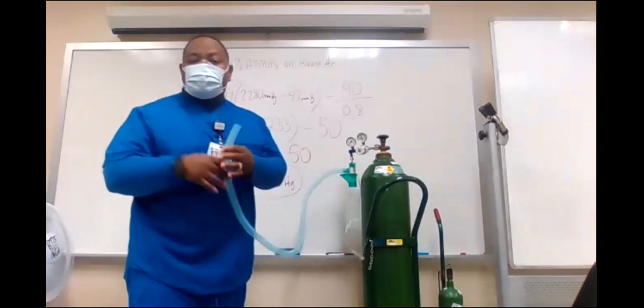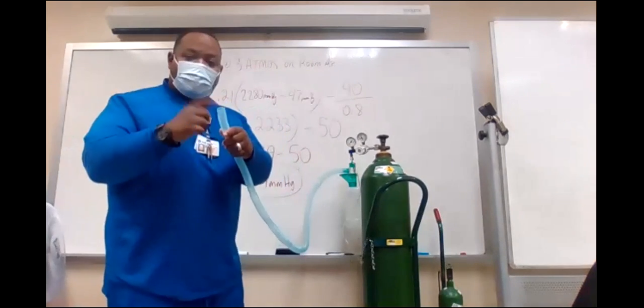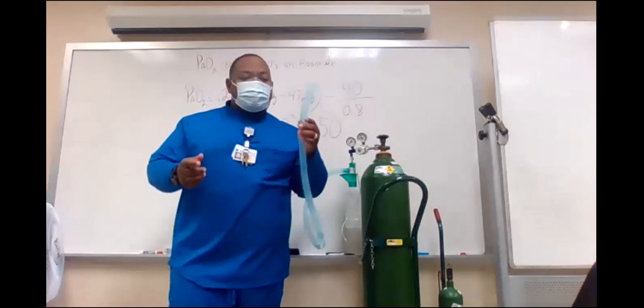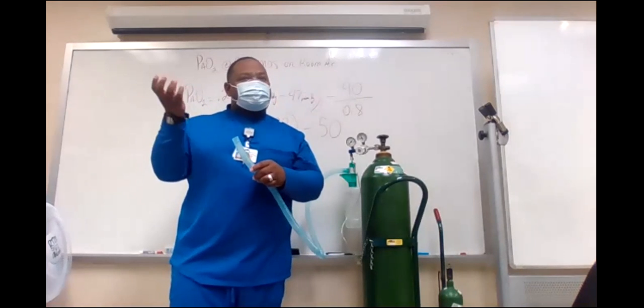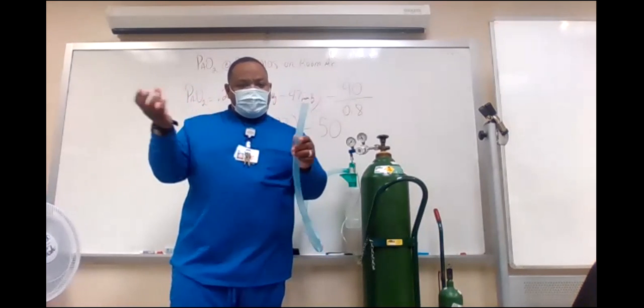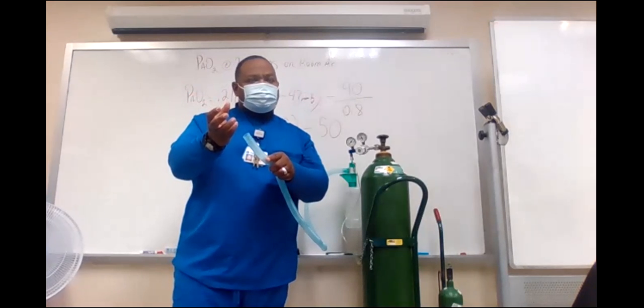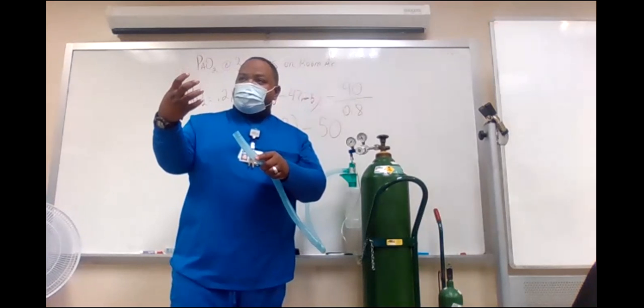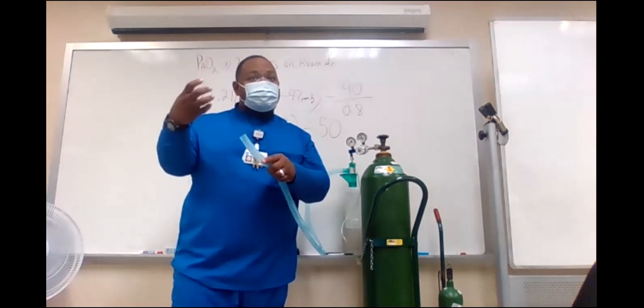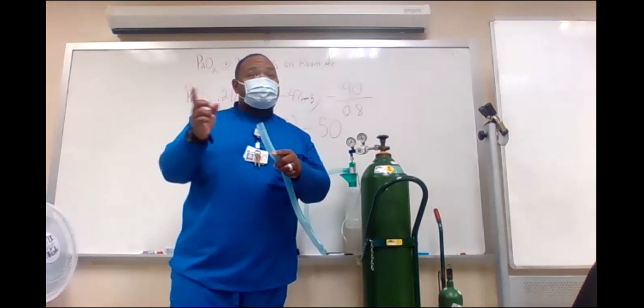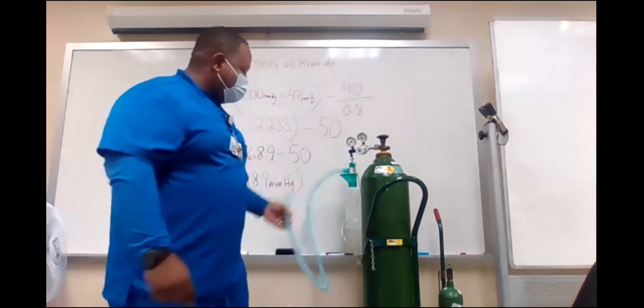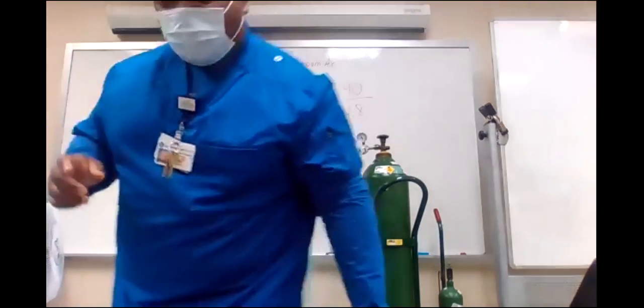But how will I know what the FiO2 is flowing out of this tubing, right? So when I have this tube, I have to stick an oxygen analyzer in the stream. I just put it in the stream of the oxygen flow, and it will start to give me some percentages. It'll tell me how much FiO2 is coming out of this tubing, okay?